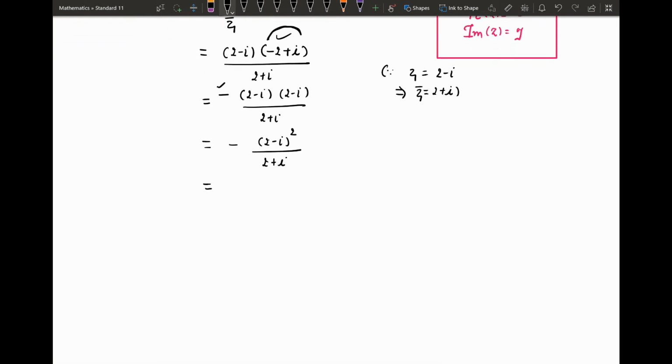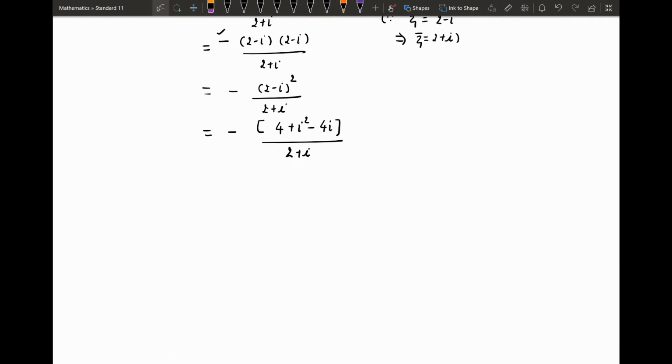Now we simplify. Numerator 2 square plus i square, middle term minus 4i upon 2 plus i. Now i square is minus 1, so this is 4 minus 1 minus 4i upon 2 plus i.